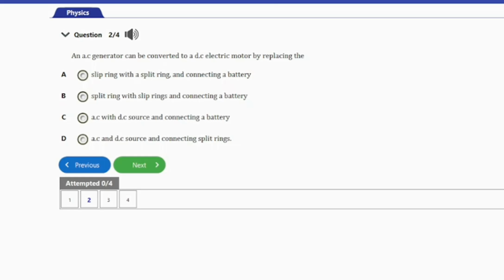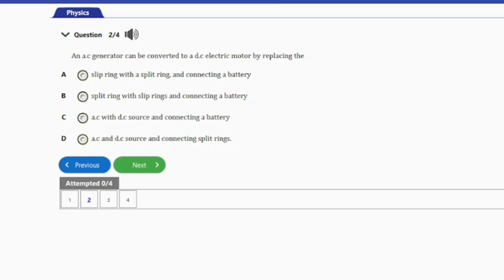That's question number 2 here. It says, an AC generator can be converted to a DC electric motor by replacing the A, slip ring with a split ring and connecting a battery. B, split ring with a slip ring and connecting a battery. C, AC with DC source and connecting a battery.